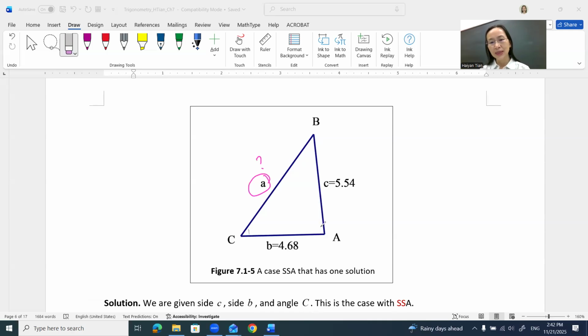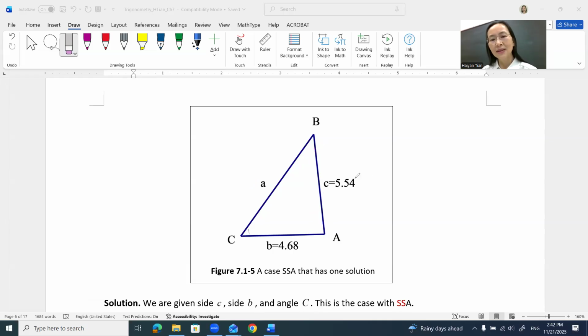Well, what else? And we have 2 angles to be determined. So this is the angle A, angle B also to be found. So to solve this triangle means we want to decide the side length a and angle B and angle A. Okay, keep that in mind.